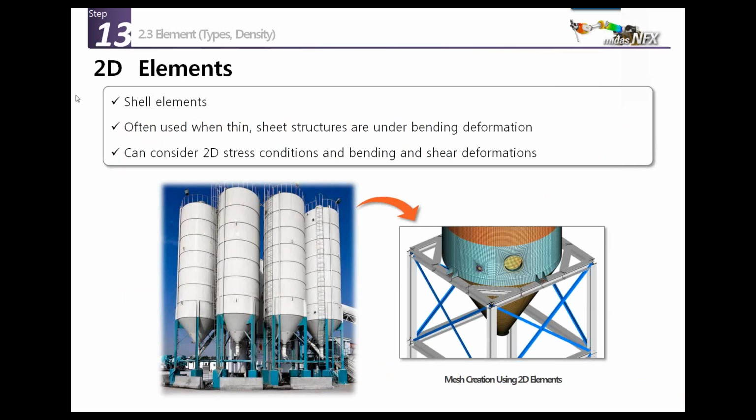The 2D elements, like the shell elements, are often used when you have very thin sheet structures and when they are under bending deformation. It helps you to consider 2D stress conditions like bending and shear deformation. You can imagine the silos in a plant construction, which is basically the perfect shape to use such 2D elements.